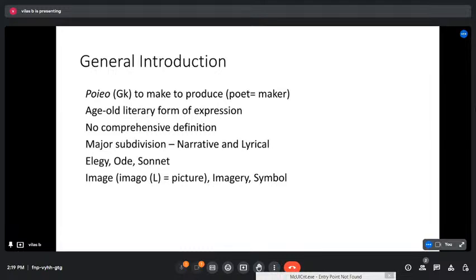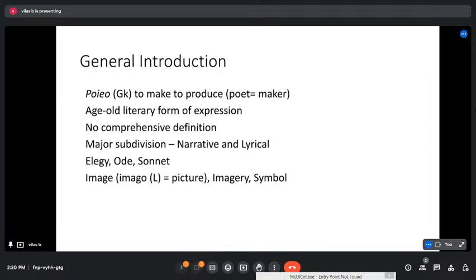That is why it is said that next to God there is the poet, because who creates? In the post-structuralist view, we find that the role of the maker is challenged, and the term intentional fallacy was used.